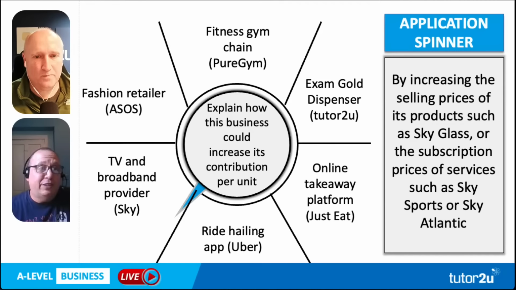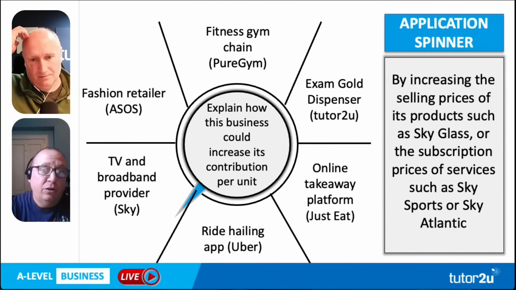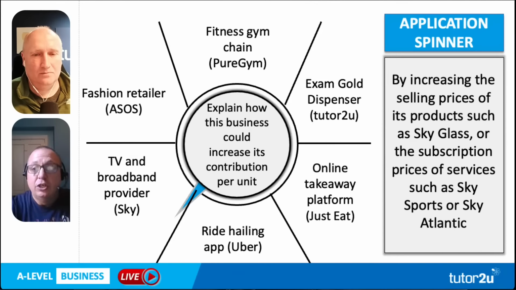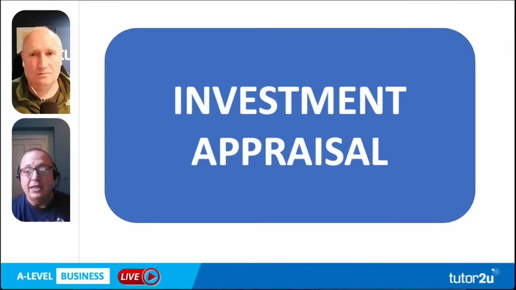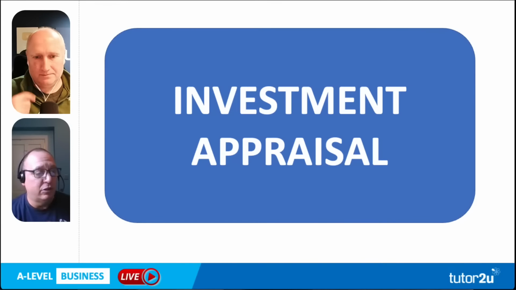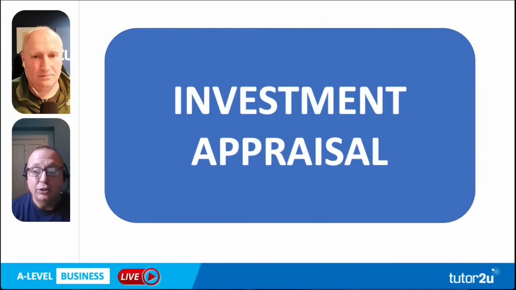I have myself just invested in one of the Sky pucks, so I stream Sky through a dish. Subsequently, that is a reduction in variable cost per unit, which therefore increases contribution per unit, which lowers the break-even point. So there were some very good answers there, and some really good examples of application.